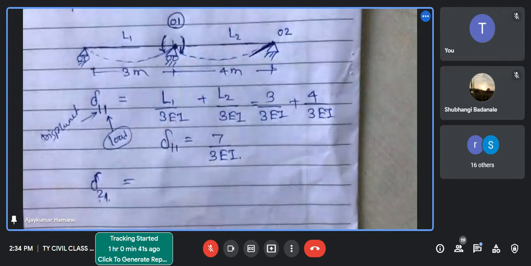I gave the sketch also. So rotation at one end, if the other end is fixed, what is the moment in the flexibility at the other end?